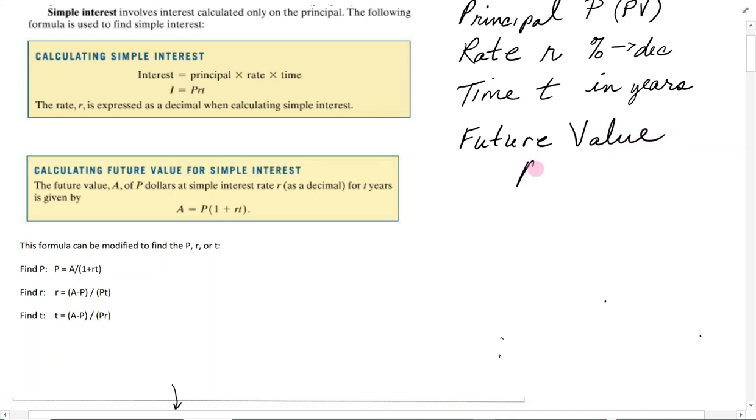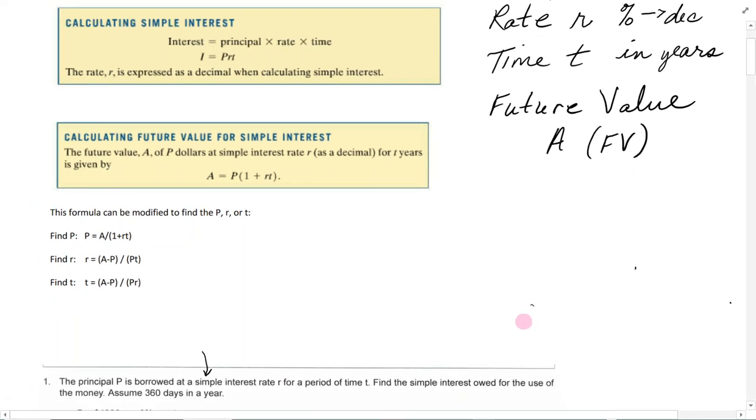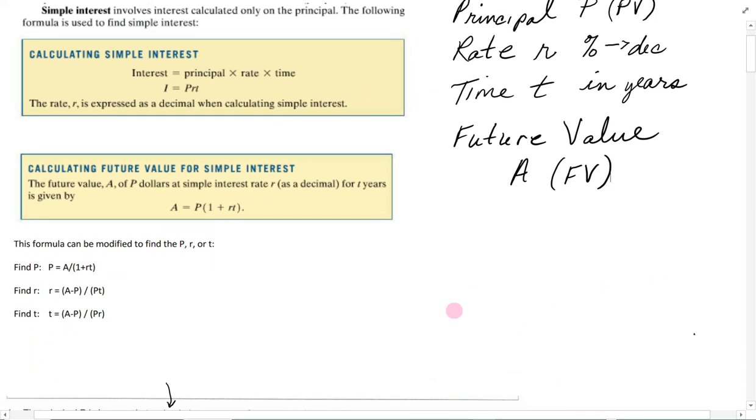Well, they call it the amount sometimes. Later on in a section coming up, we will call it FV for future value. I really think that makes a lot more sense. It is the value of the loan.